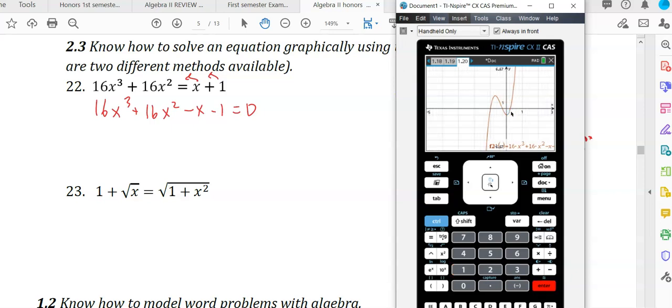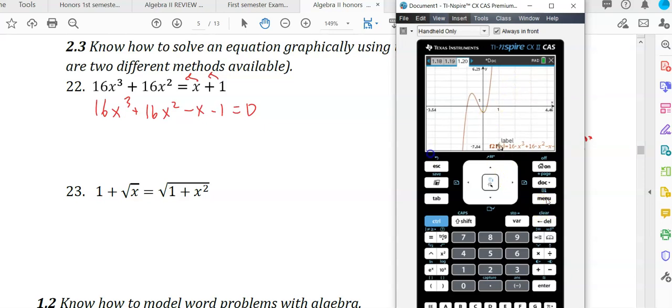I'm going to make that 1. Okay, so I don't know if that's a better view for you, but it's at least a little bit better view. So menu 5,1, you don't have to make it a better view. So I can see one of the solutions is at 0.25, one's at negative 0.25. Press enter to lay down a point, and at negative 1.